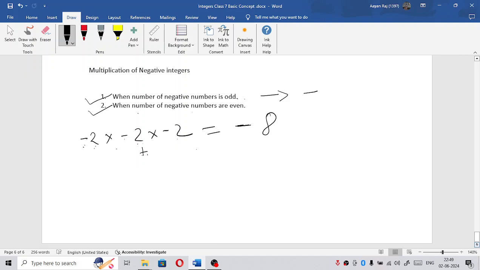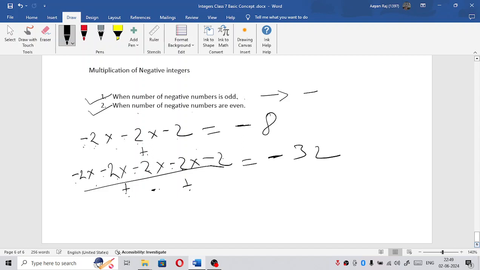Let's try with another odd number, minus 2 into itself 5 times. Minus minus, the sign becomes plus, plus minus, again the sign becomes minus, minus minus plus, and plus minus minus. So here again, when the number of negative integers is odd, the sign would be negative, and 2 2s are 4, 4 2s are 8, 8 2s are 16, 32.